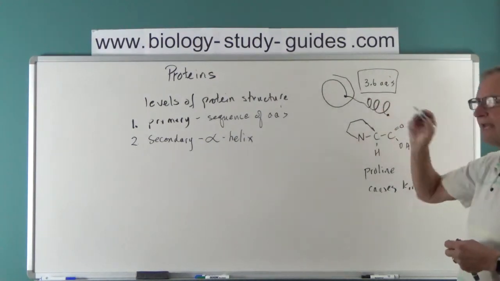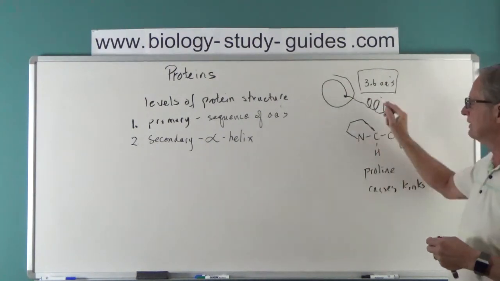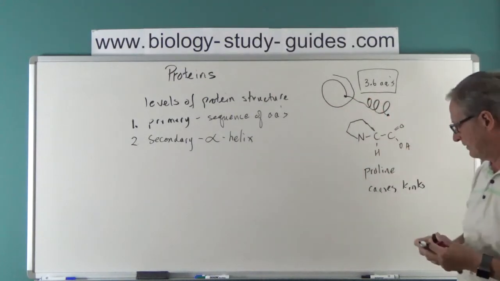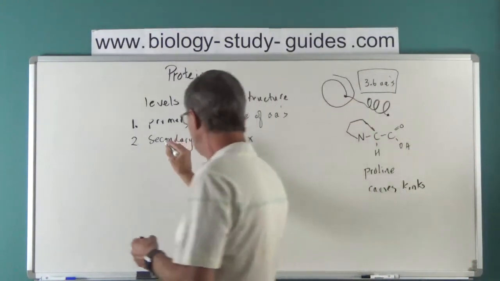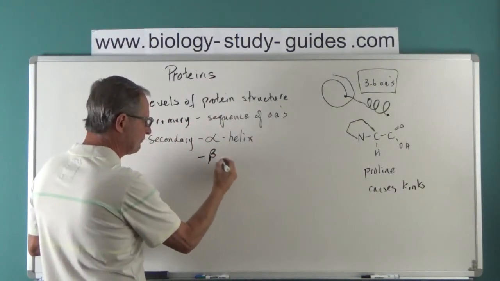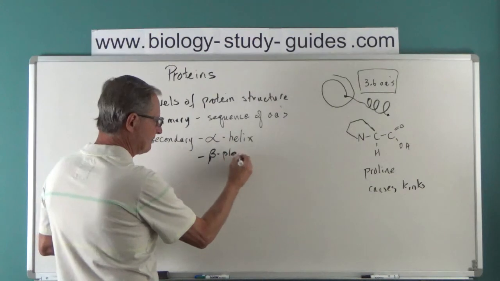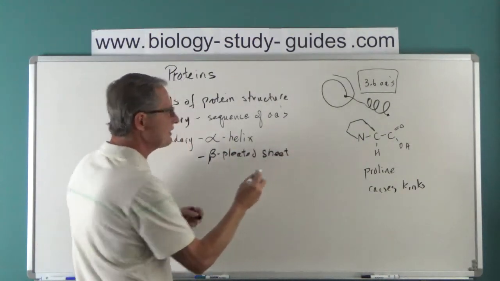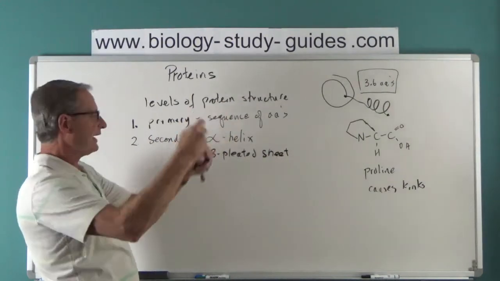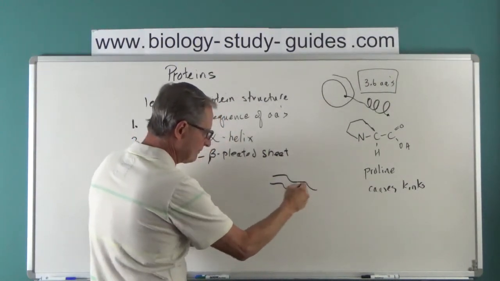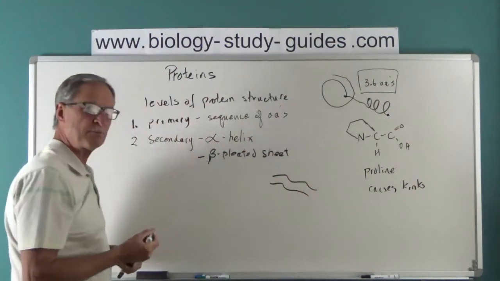One of the things that can happen in here, just before we get into the next level completely, is these things can line up with each other. And there's another variation of secondary structure, and it's called a beta pleated sheet. So instead of the amino acids forming a spring-like structure, they actually lay side by side, and you get cross-bridging and cross-bonding in there.